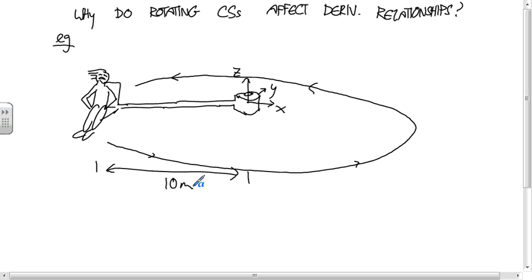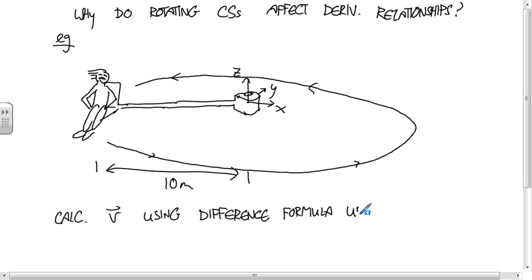We're going to calculate the velocity vector using a difference formula. We're going to approximate the velocity vector using two coordinate systems.